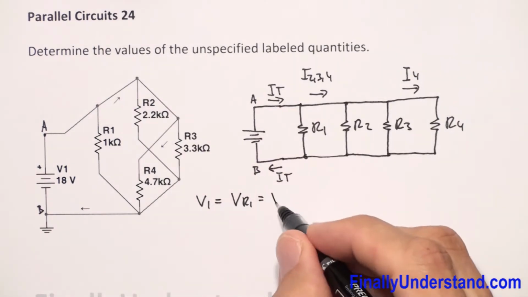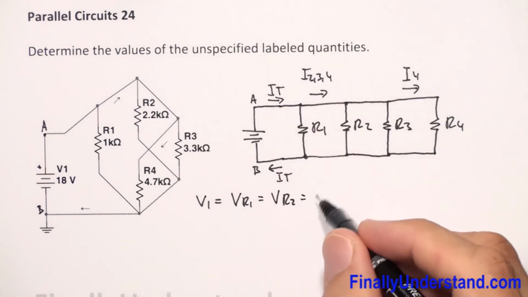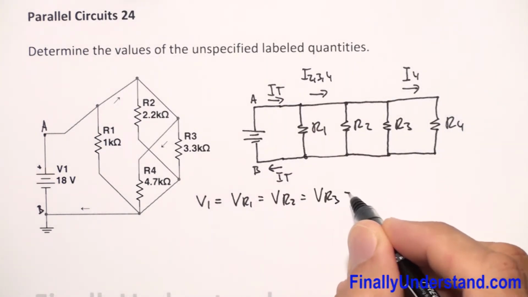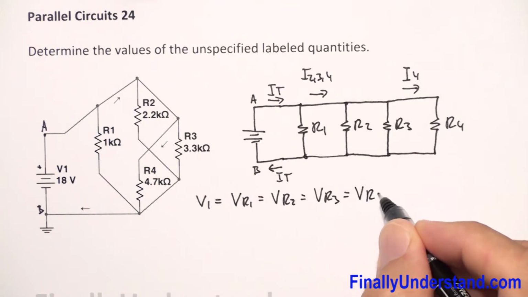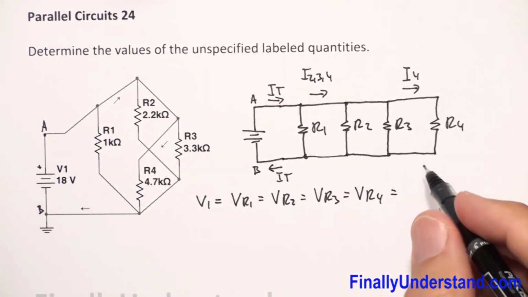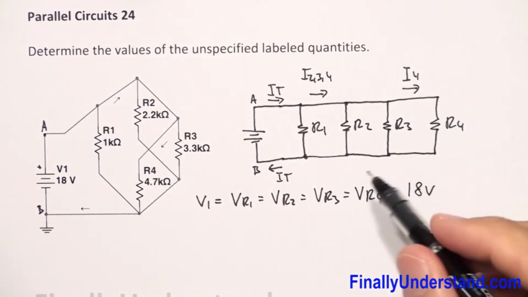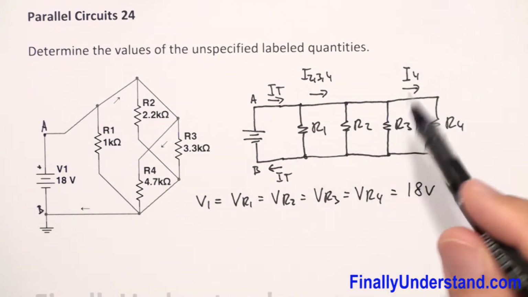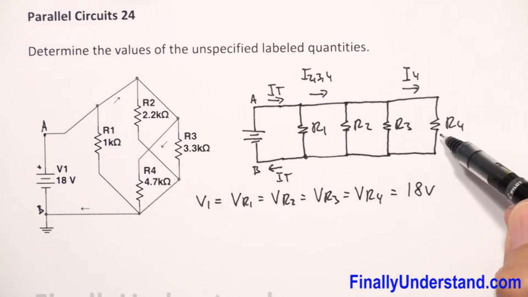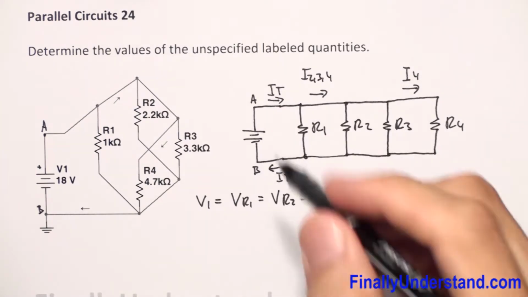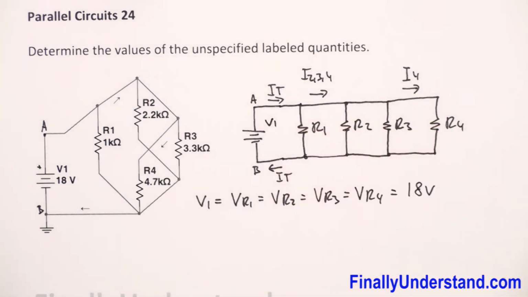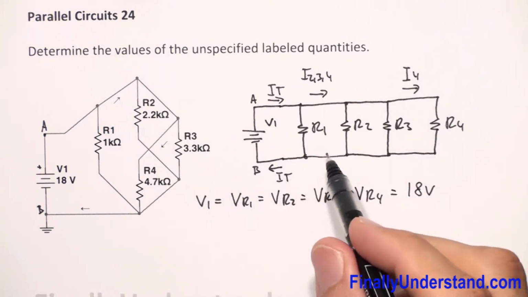This is also equal to VR2, VR3, and VR4, and this is equal to 18 volts. Keep in mind that in a parallel circuit the voltage across each resistor is equal to the voltage source. So now we're supposed to find the current which goes through each resistor.